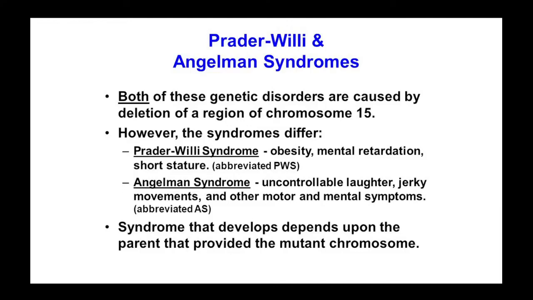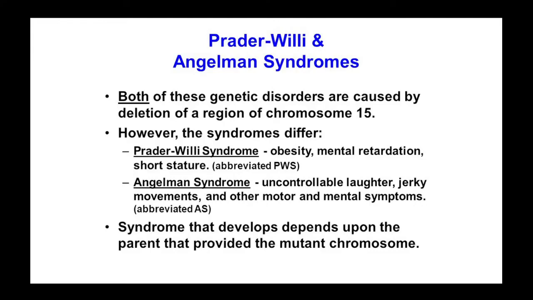These syndromes have different features, different symptoms, and different affected organs. Prader-Willi syndrome: obesity, mental retardation, short stature. Angelman syndrome: uncontrollable laughter, jerky movements, and other motor and mental symptoms.